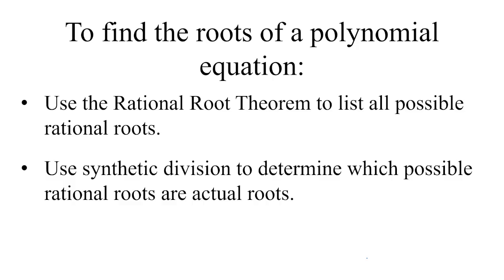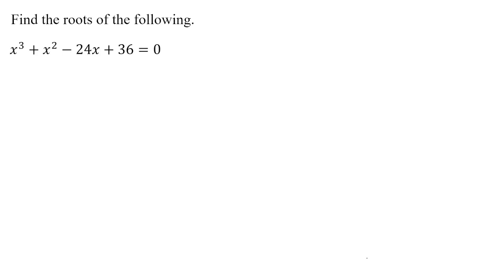Now, let's take a look at some examples. Let's say you are to find the roots of the following. Well, the degree is 3. Therefore, this equation has 3 actual roots.